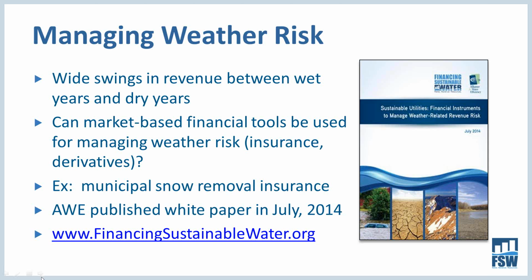In other sectors such as agriculture and energy, they've long used market-based financial instruments to protect themselves against some of those potential costs related to volatile weather. It's even been used in municipal contexts, for example snow removal insurance, which has been purchased by municipalities to protect themselves against excessive costs related to heavy precipitation.